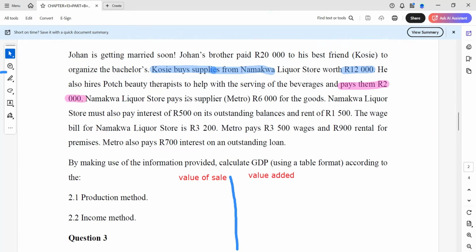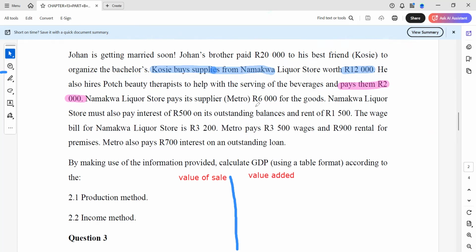Namaqua Liquor Stores pays its supplier Metro 6,000 for the goods. So Namaqua pays its supplier, right? So is this amount gonna go under the production method or income method? Remember, Namaqua Liquor Store is a store, right? This is like ShopRite paying its suppliers. So obviously they're paying their suppliers because they bought these products, right? So these were the purchases, right?